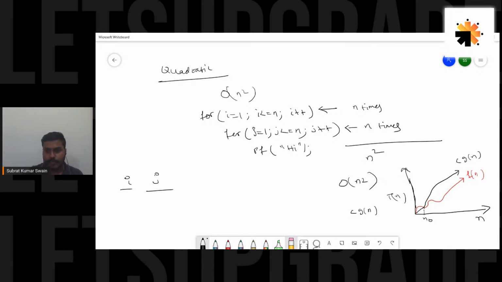Understood this point, guys? So n naught here: below n naught the behavior is different, and from n naught onward the behavior is different. c of g of n is always greater than f of n. This c g of n is the outer bound, guys. This I would call big O of g of n. In the worst case, it would take at most g of n time.